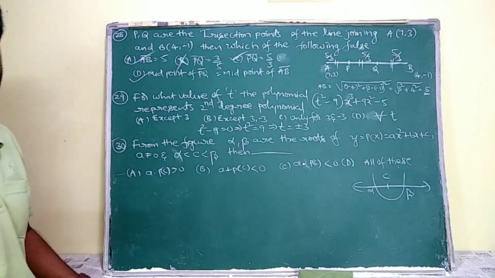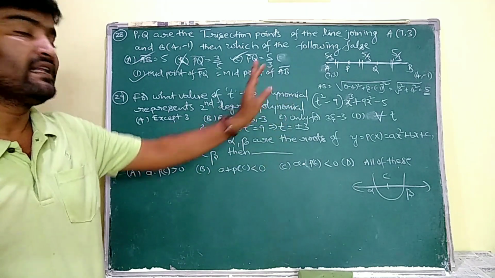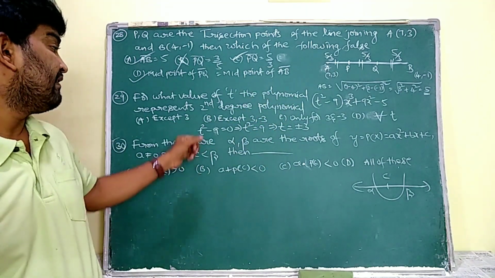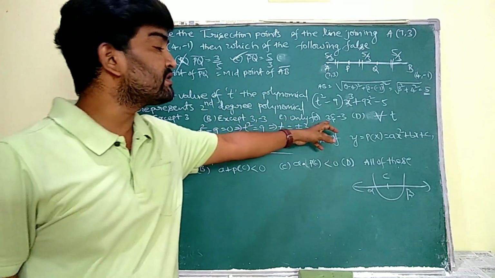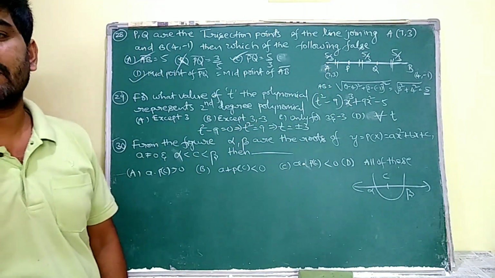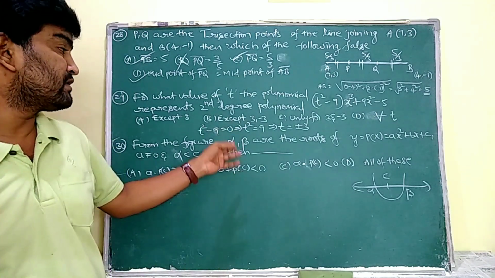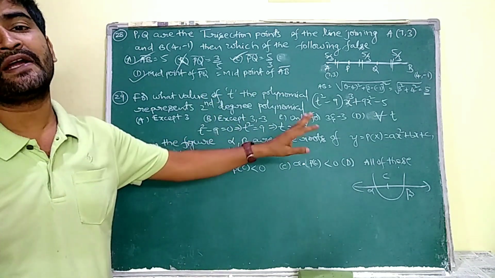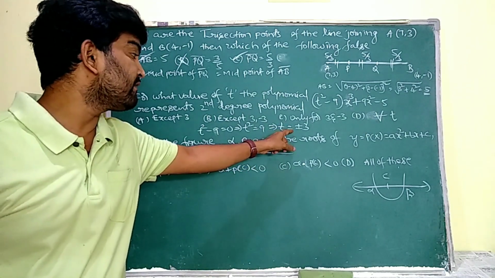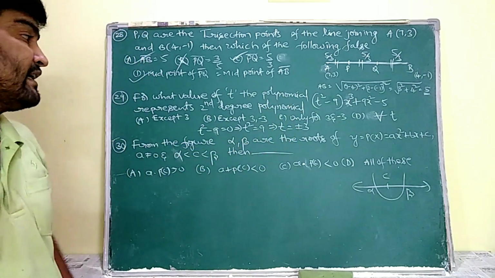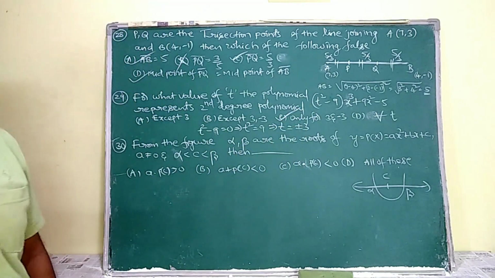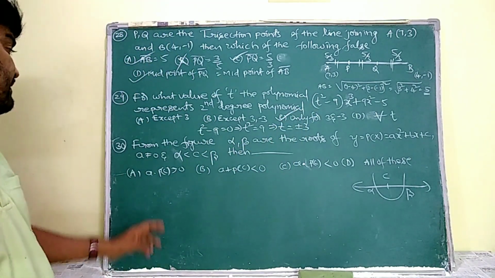If the t value is plus 3 or minus 3, then the third degree term is eliminated. So only for the values 3 and minus 3 does it represent a second degree equation. For all other values, it is a third degree equation only.